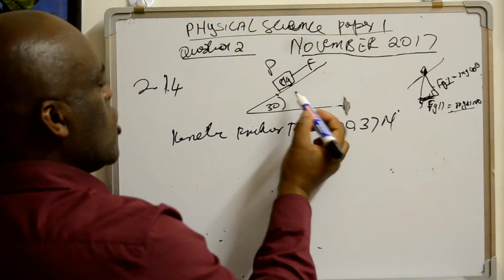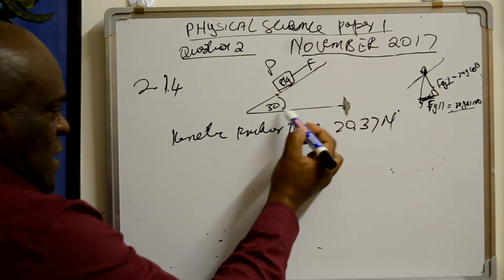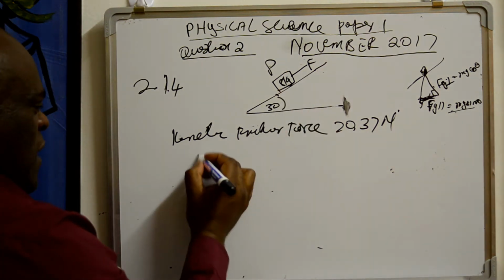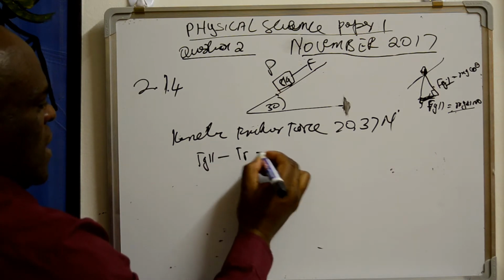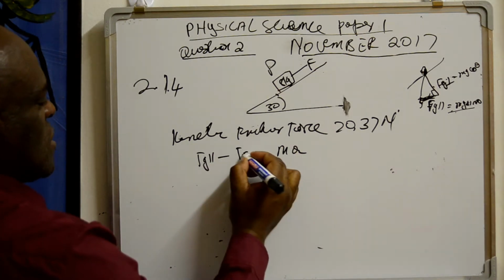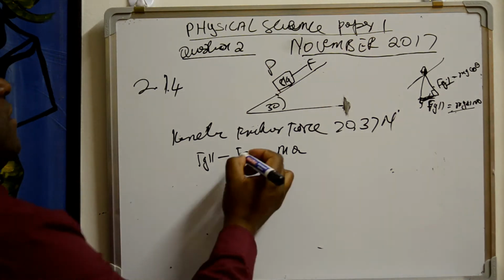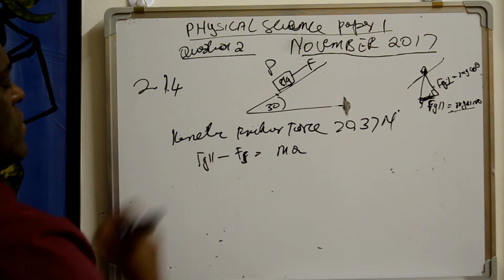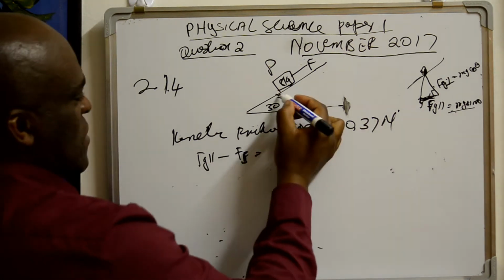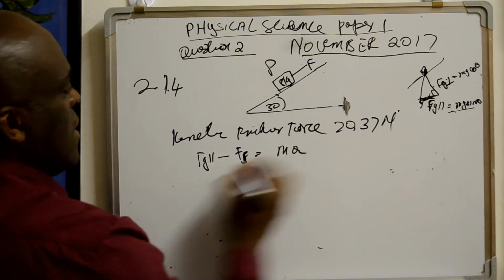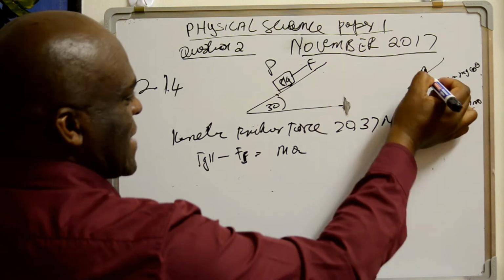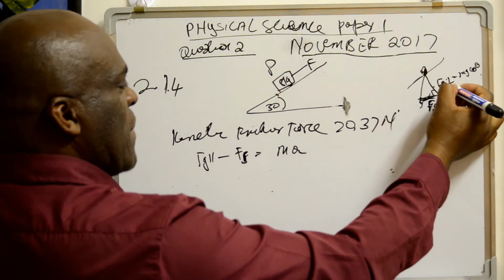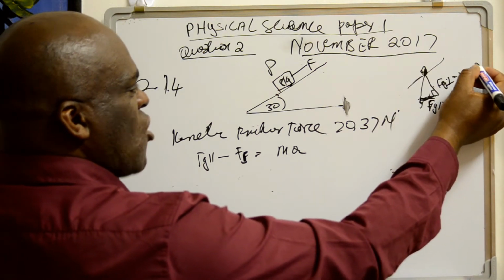So the two forces acting are Fg parallel minus the friction, which is mass times acceleration. Fg parallel will be mg sine theta, but Fg perpendicular, which is equal to normal, is mg cos theta.